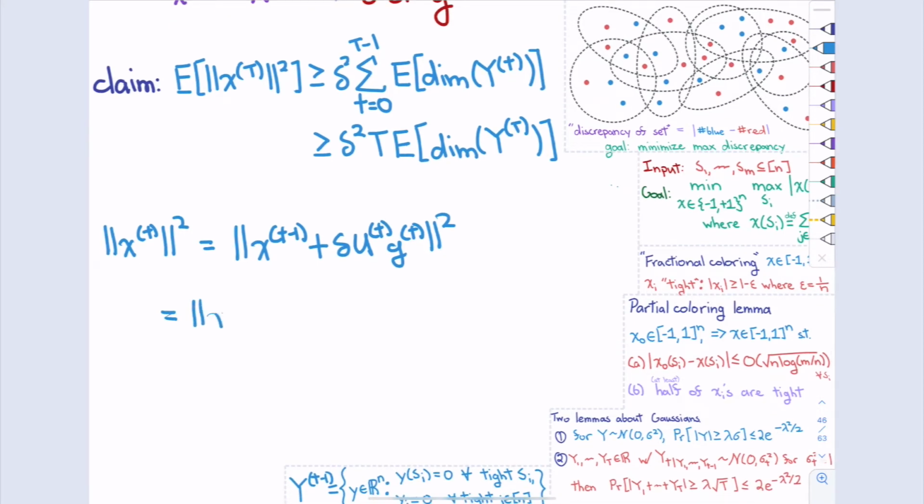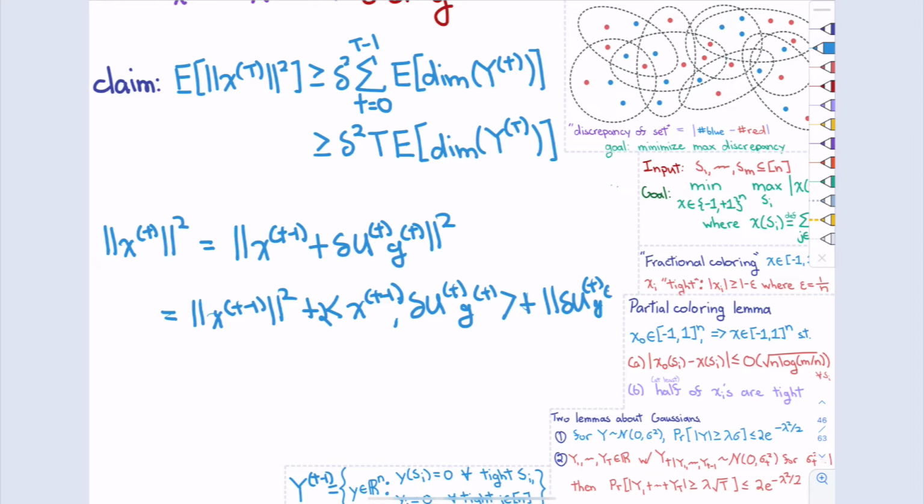Which is, to break it out, xt minus 1 squared plus two times the inner product, plus the length of that Gaussian thing.